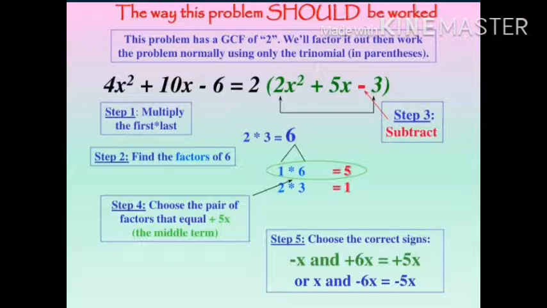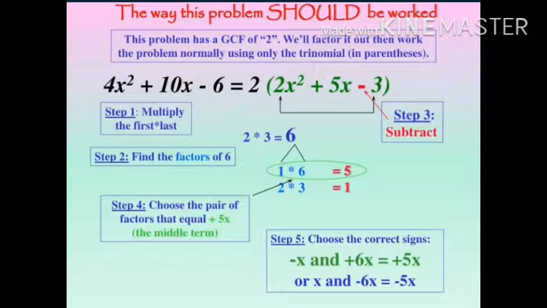If we take a common factor of 2, the leftover expression, the trinomial, is 2x square plus 5x minus 3. Now multiply 2 times 3, which becomes 6, and the factors of 6 are 1 times 6 and 2 times 3.